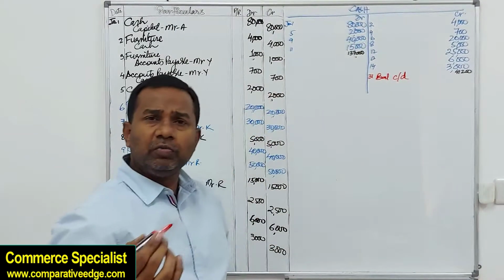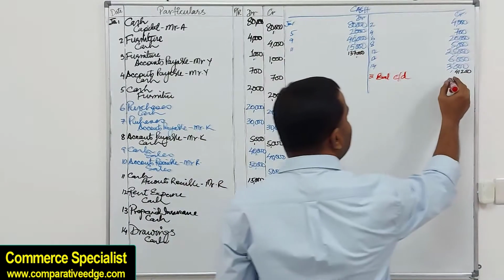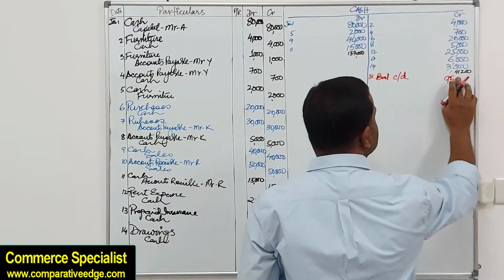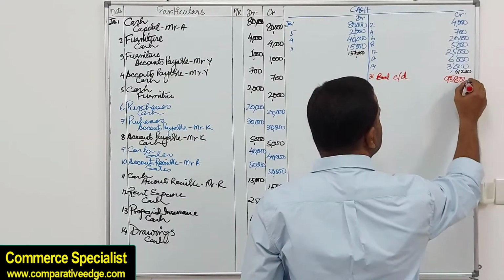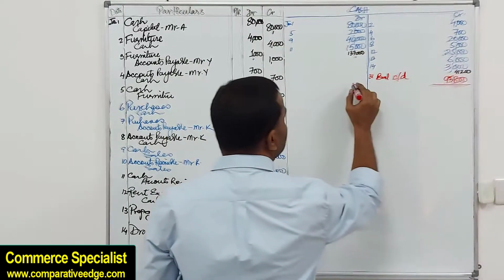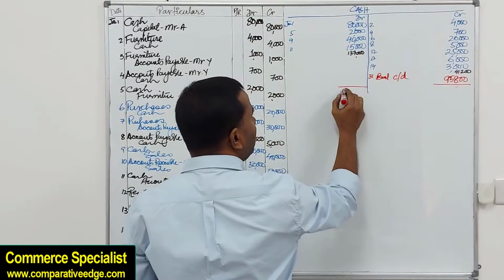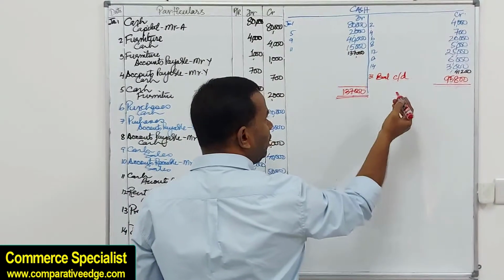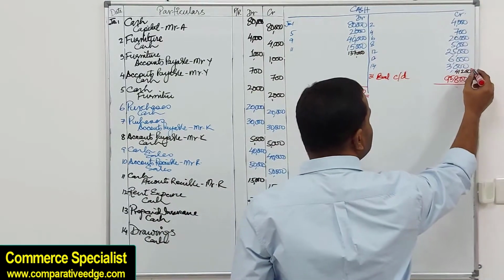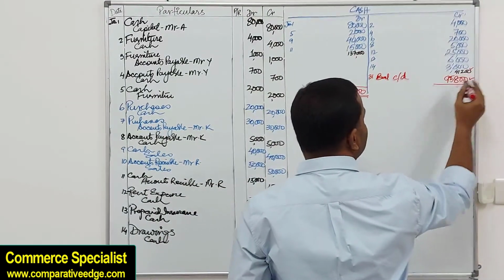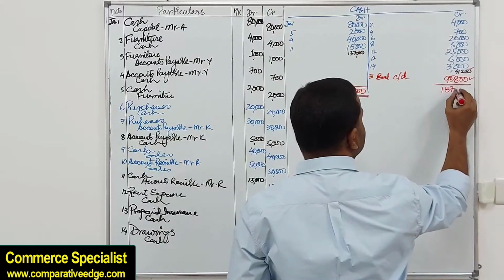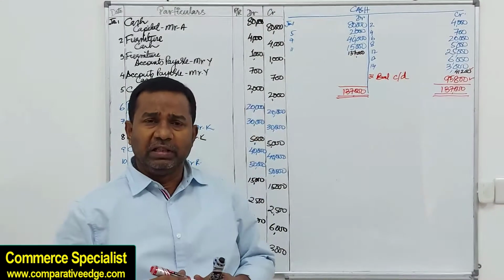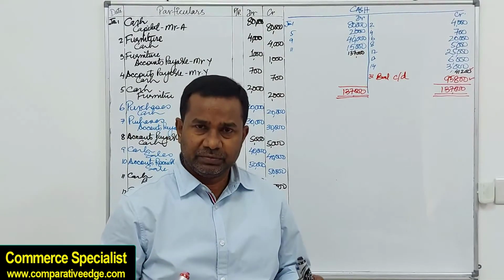Balance carried down means closing balance. So it's 95,800. Draw a line here. This is already 137,000. Closes with two lines, we call it rule off. This 41,200 and 95,800 will also give you 137,000. Rule off. The account balanced.